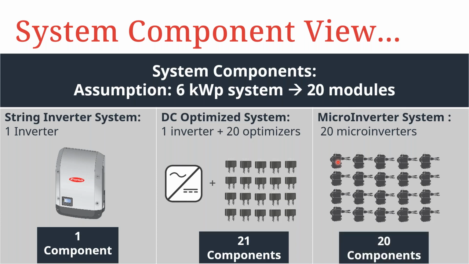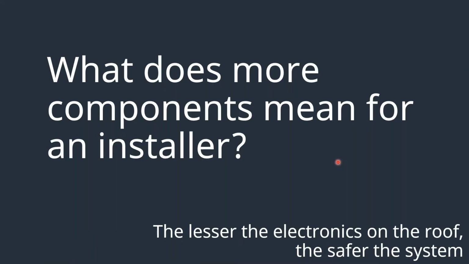So, what does more components mean for an installer? As we are analyzing this, let's take note that the fewer the electronics on the roof, the safer the system. This is basically because every electronic system has a high temperature coefficient, and for every system that has a high temperature coefficient, there is an utmost need for a cooling system.